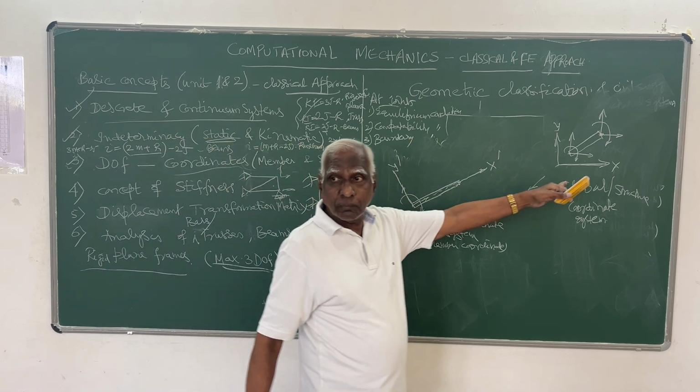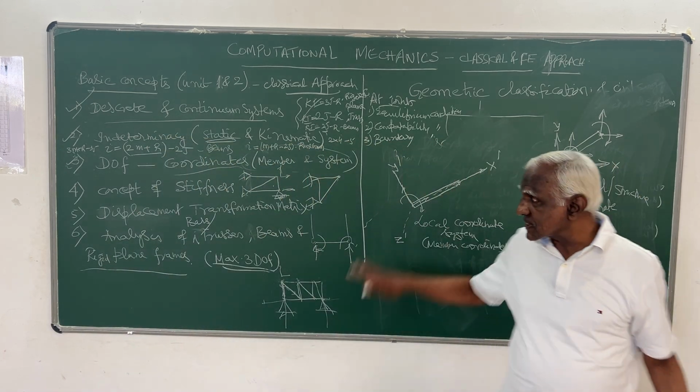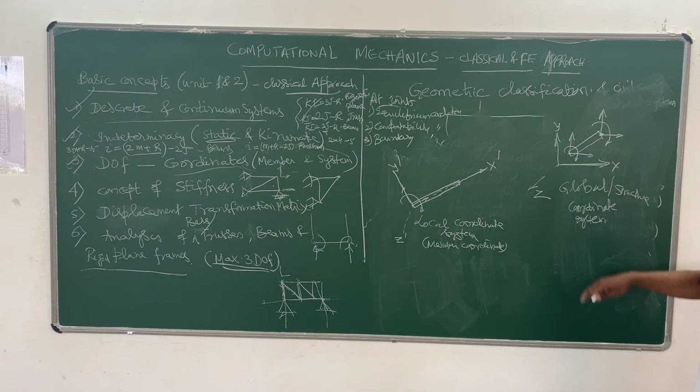With respect to global, always the external loads acting, as well as any other displacement, temperature change, or settlement of support, all these are with respect to the global coordinate system.